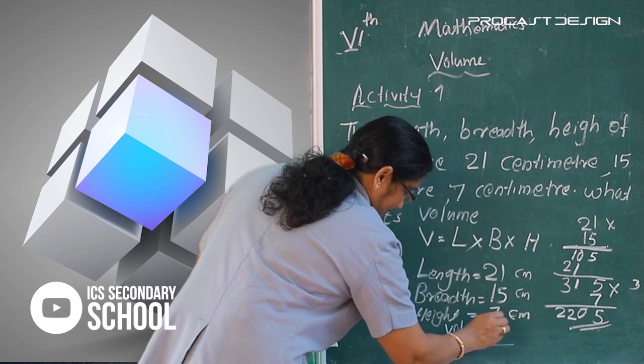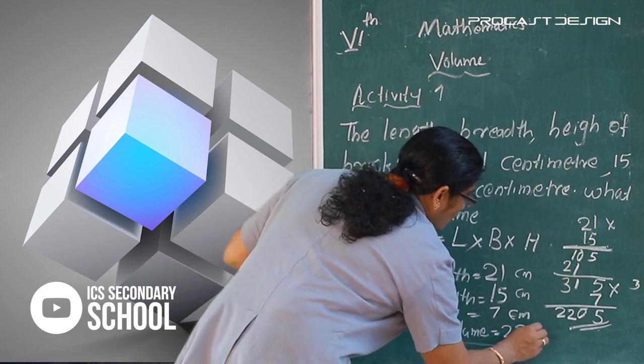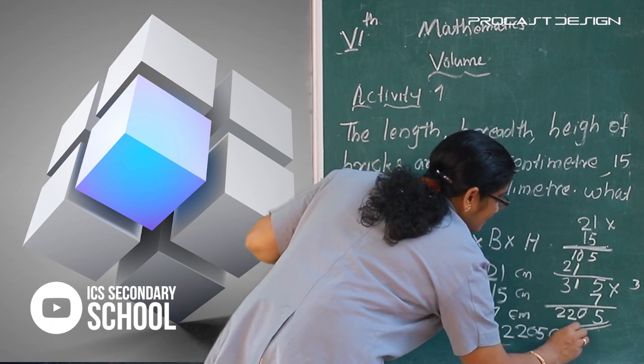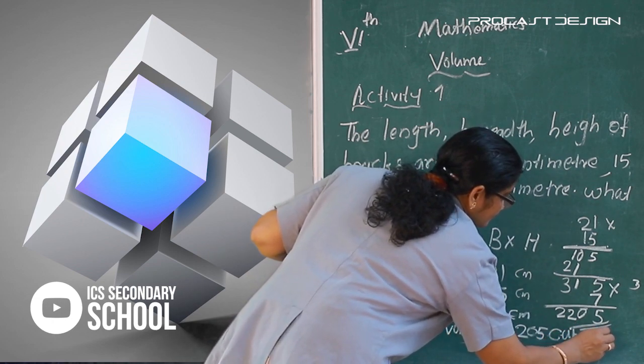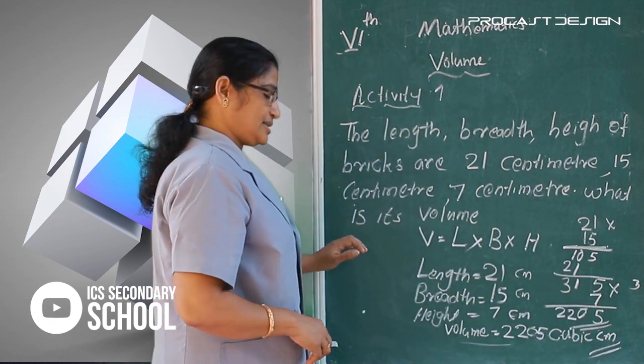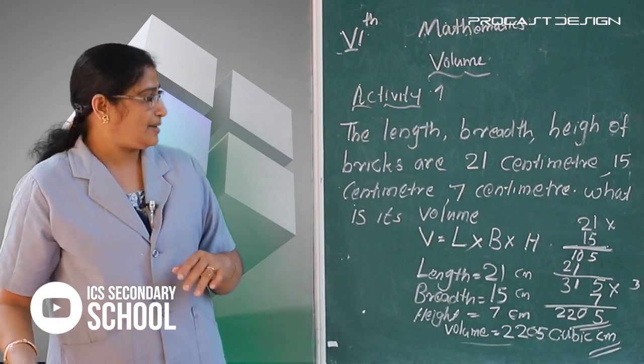Volume is 2205 cubic centimeter. Volume is calculated in cubic centimeter.